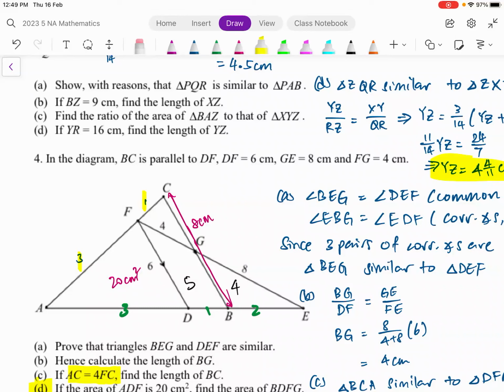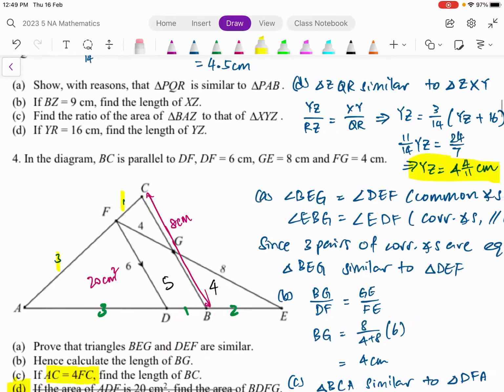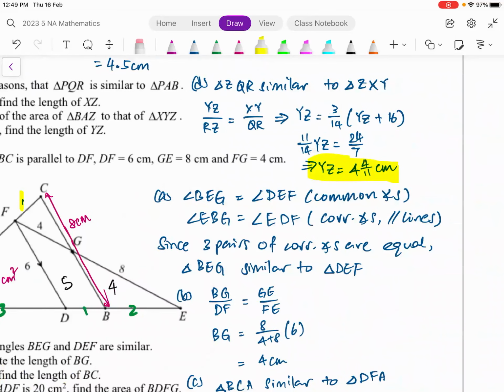Okay, then I need to rewind. Who understands that area FDE is also 20 cm square? Who understands that part? Raise hand. Don't be shy. Okay, that part understood. Now we focus on this, FDE. FDE versus GBE. You see that these two are similar triangles?